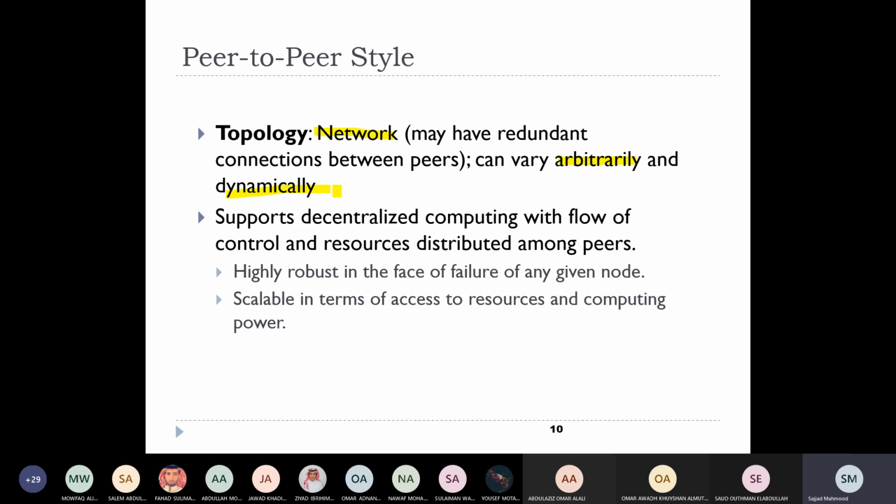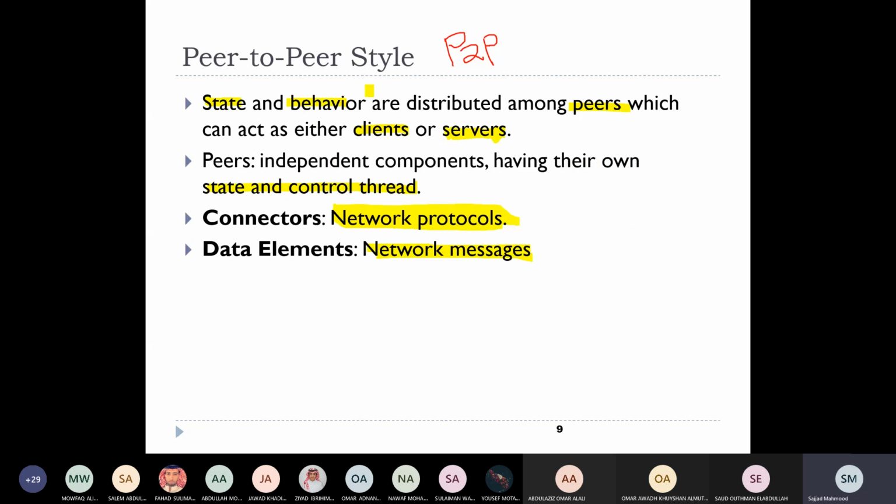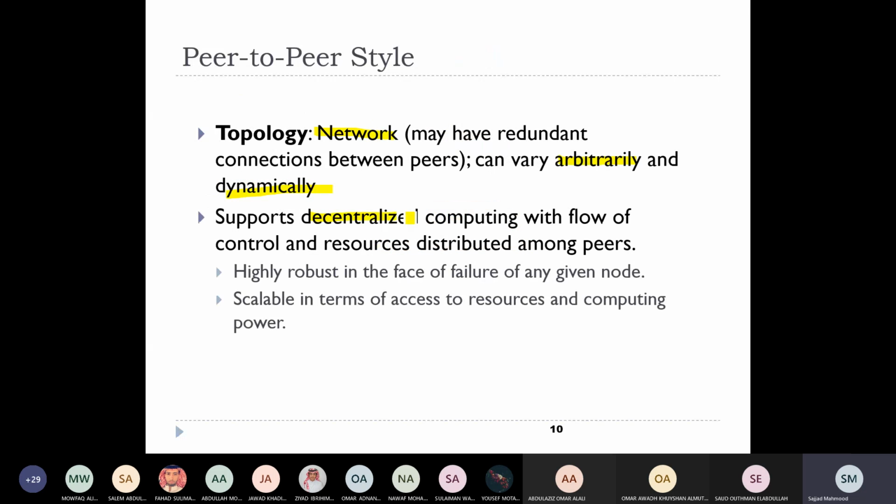Because a peer can act as both a client and a server, you get a very decentralized computing flow of control and resources among peers. So basically, it's a very decentralized style. Peers are connected via the network to each other. There's no central controlling mechanism in the original P2P style.